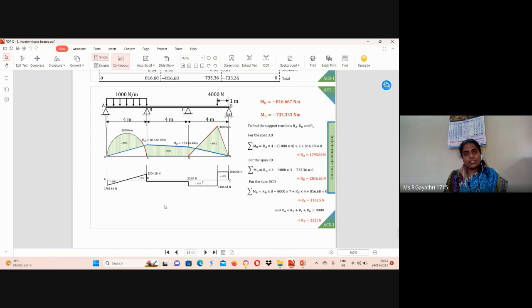RD is known force. Plus we know that RA plus RB plus RC plus RD is equal to external force. So we can find other unknowns. Okay, try to solve this method. Okay, next problem.